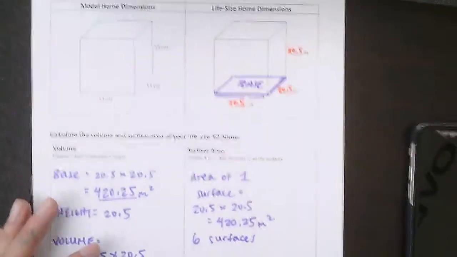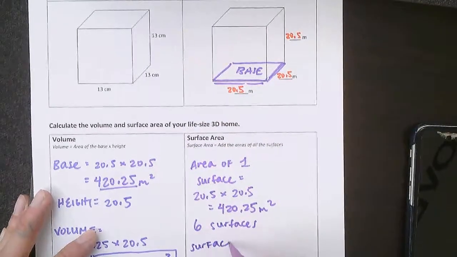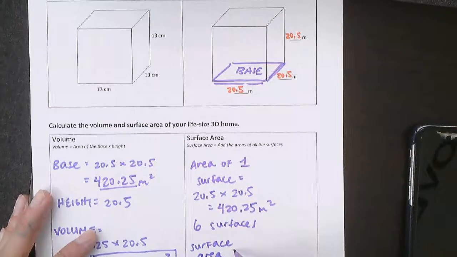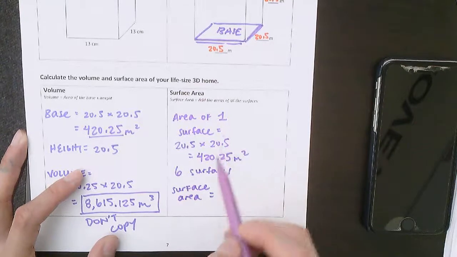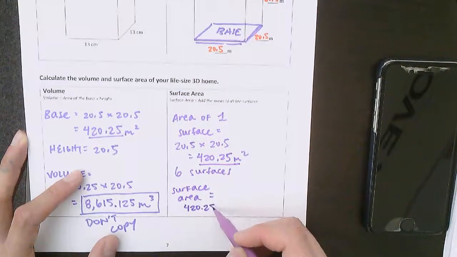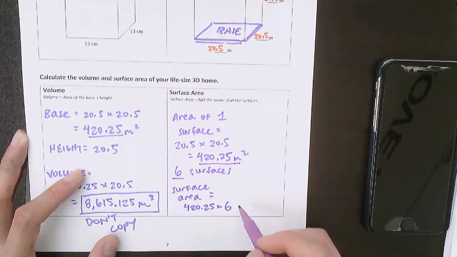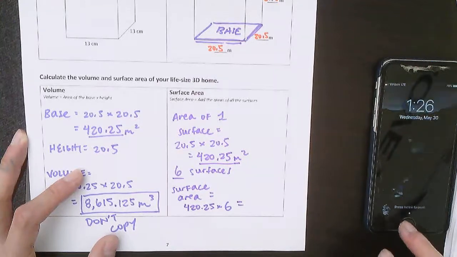So if there are 6 surfaces, my surface area is equal to the area of one surface, which is this right here, times the number of surfaces, which is 6 surfaces, and I can do this math right here.